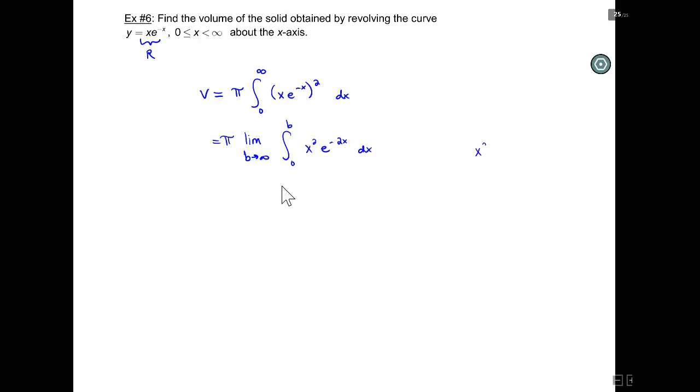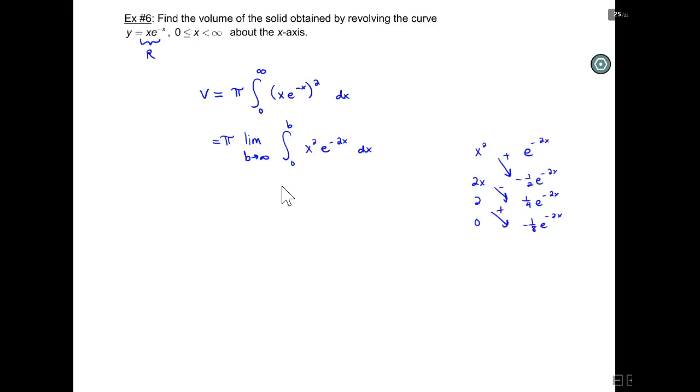I'm going to do the tabular method. So I get x squared, 2x, 2, 0. Then I get negative 1/2 e to the negative 2x, 1/4 e to the negative 2x, and negative 1/8 e to the negative 2x, with alternating signs.